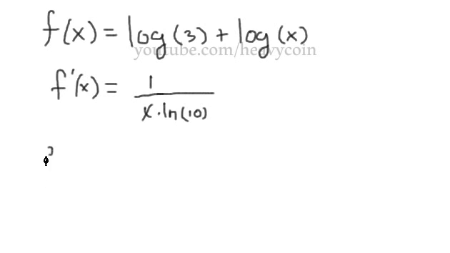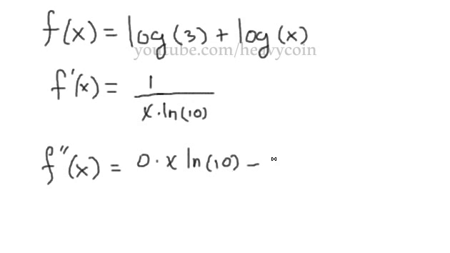Now let's look at the second derivative. So f double prime of x is equal to, and just for the heck of it, let's just use the quotient rule. So the derivative of the numerator is 0 times the denominator, which is everything that's in the denominator, minus the numerator times the derivative of the denominator, and natural log of 10 is just a number.